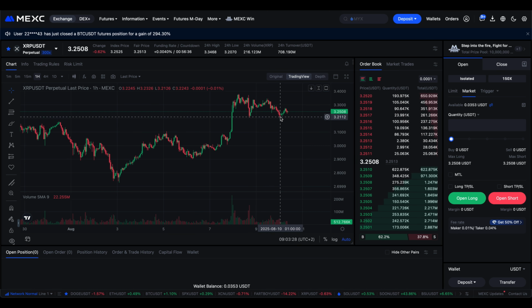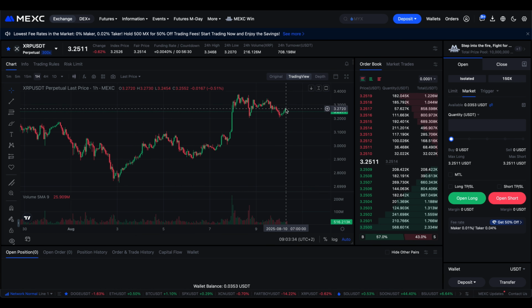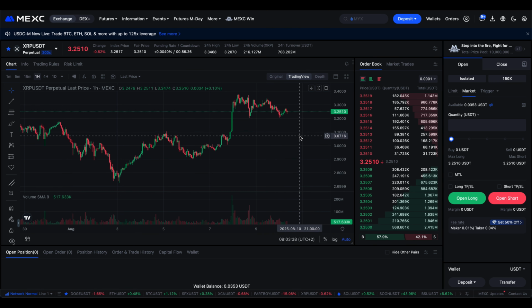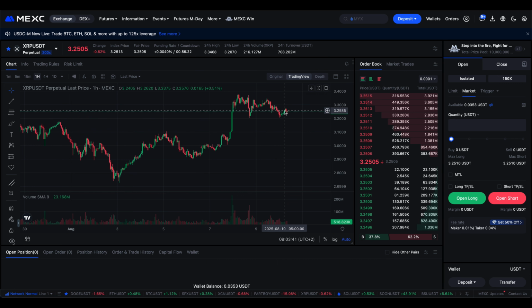You wait for it to bounce back, then you open the short. So you want to open a short when the market has gone up slightly, and then it's going to come down again, okay? And you know this based on the liquidation heat map. So you can see where it's going to go up and then come back down.